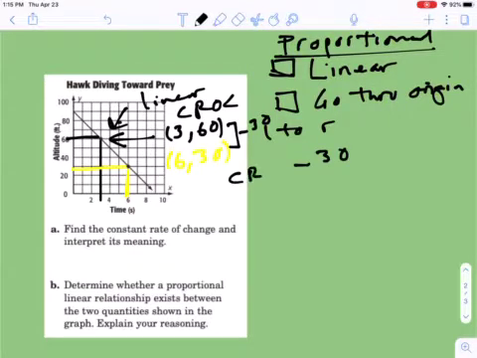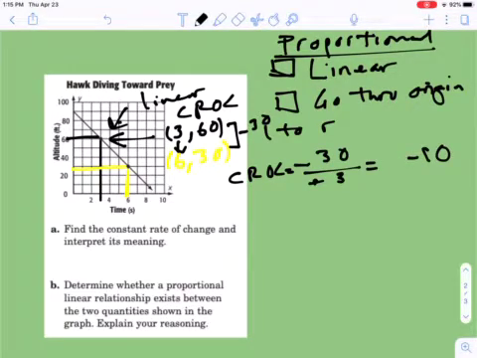I'm going to write CROC equals, it's going down 30. Down would be marked as negative in this case. And then it's going up 3, so over plus 3. So I have 30 divided by 3, which is 10, and a negative divided by a positive is negative.